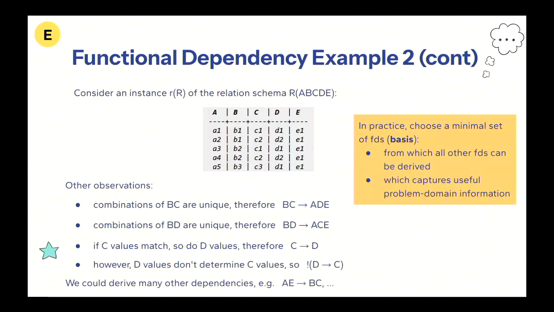And from this basis, we can derive other functional dependencies using some inference rules. And this is very important for some problem domain information that's specific to the usage scenarios.